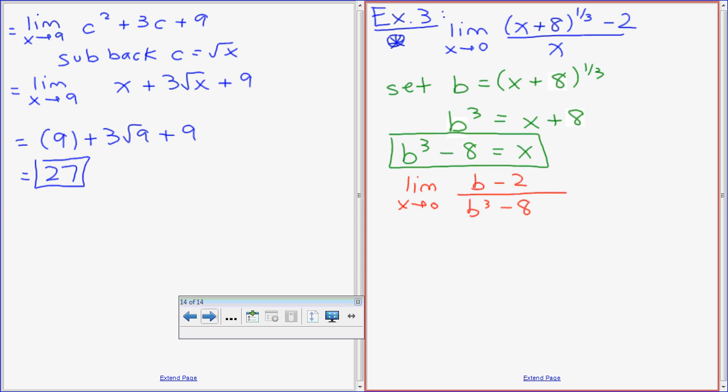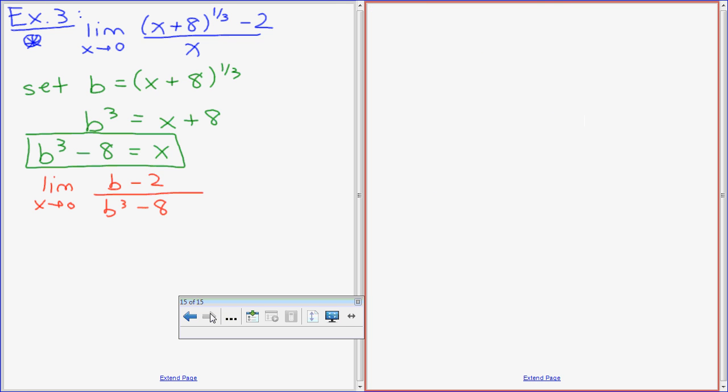So at least pretend in your mind that's awesome, because it is. Okay, so now you're going to factor and cancel. b cubed minus 8. How do you factor b cubed minus 8? Bailey, go ahead. That would be (b minus 2)(b squared plus 2b plus 4).